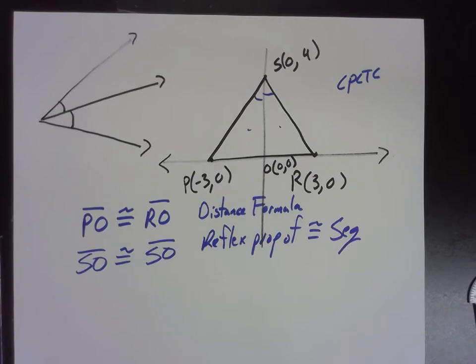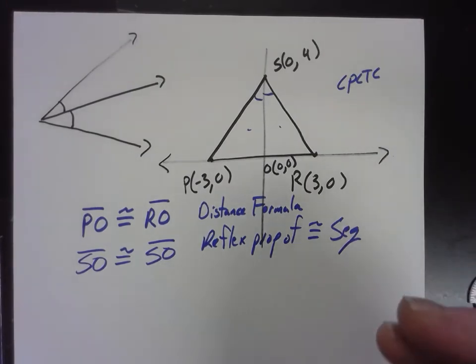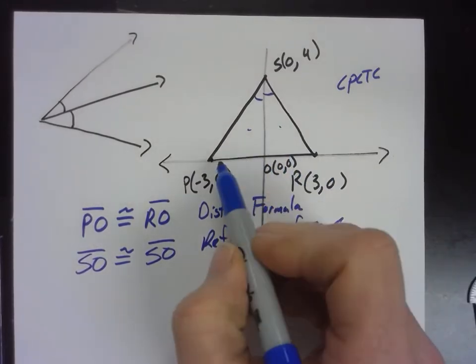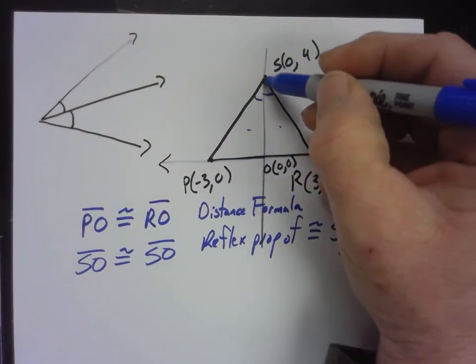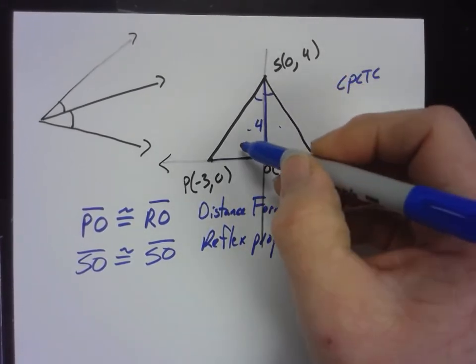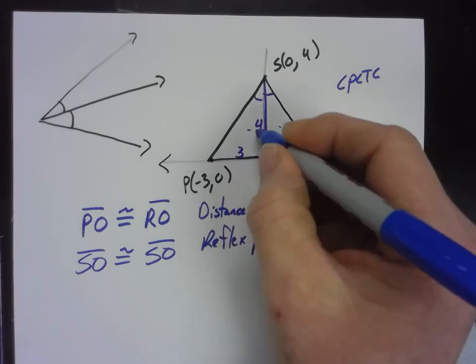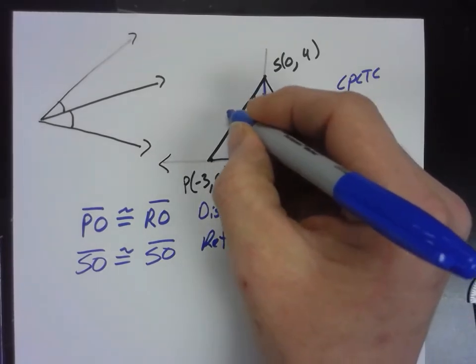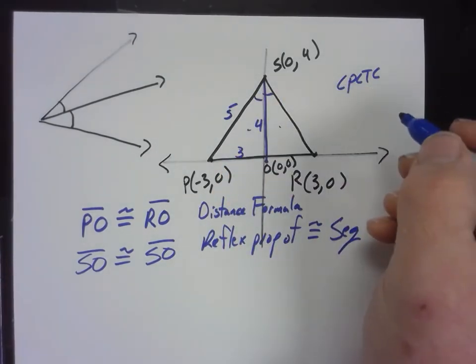Now, what about PS and RS? Are they congruent? How do you know? Distance formula. We can use the distance formula on them. Even if you use the Pythagorean theorem, even if you go 3 squared plus 4 squared, yeah? You with me here? Okay. Even if you say 3 squared plus 4 squared equals 5 squared, remember that Pythagorean triple?